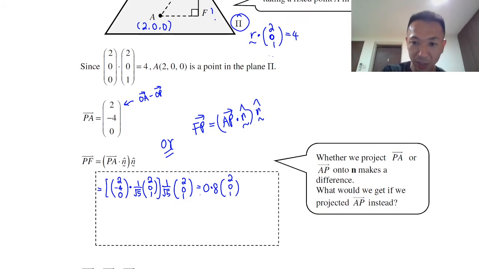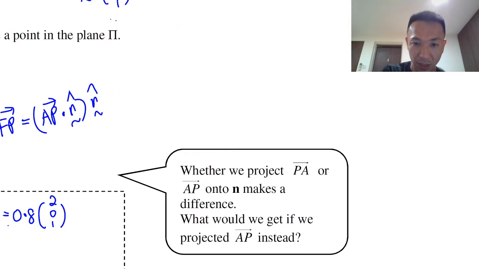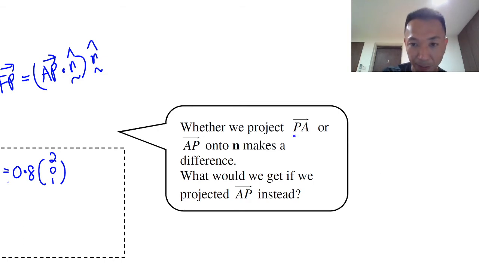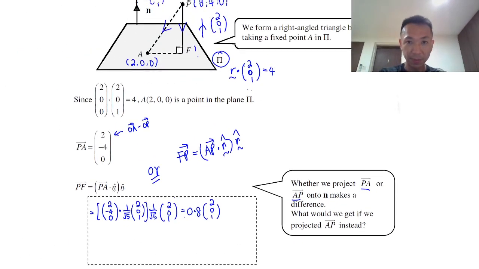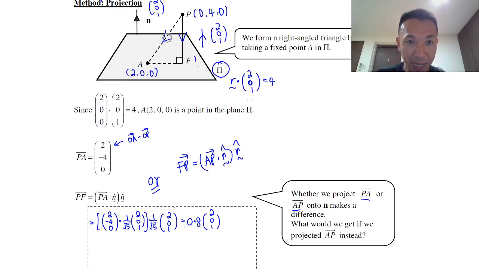So the point that this is trying to make is that if you project PA on n, then you will get PF because the direction of the shadow follows the object. So if the direction of the shadow is this way, you project PA onto the vector, you will get PF. But if you take AP the other way, you take AP and project onto the normal vector, you will get FP.